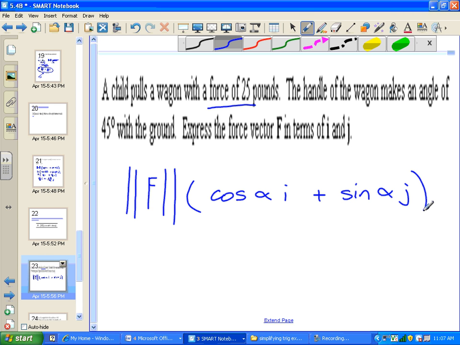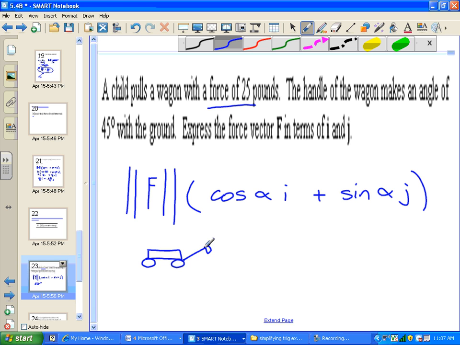So think about it. It's got a wagon. There's the handle, right? So say the handle's making a 45 degree angle.